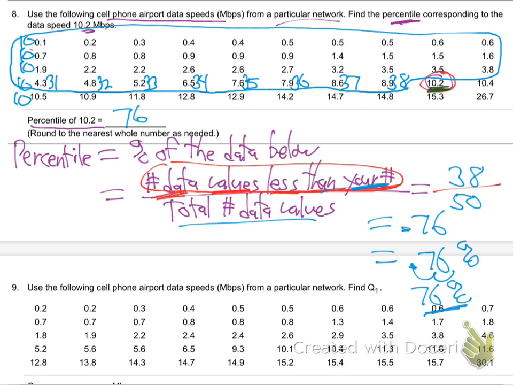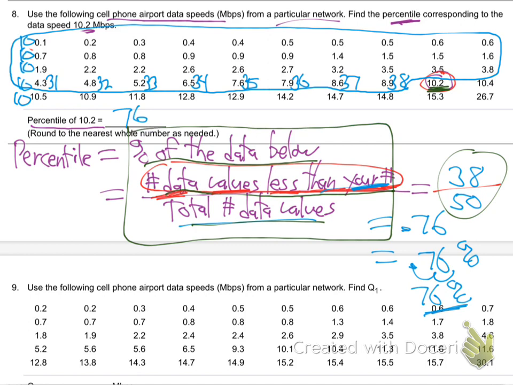That 10.2, he's almost 80% of the way through the data. 76% of the data are below him. So it's the percentage of the data below. It's the number of data values below you divided by the total number of data values. There we go. So put this formula on your sheet of notes for the exam, for exam number 1.